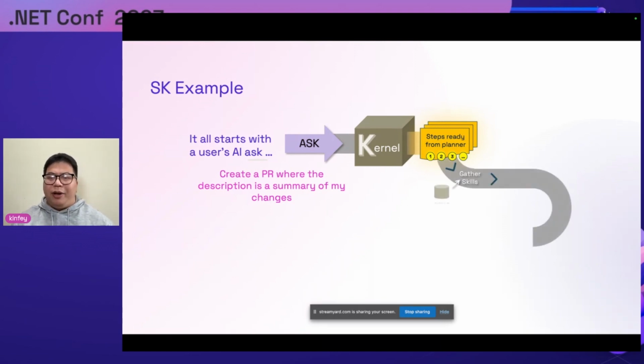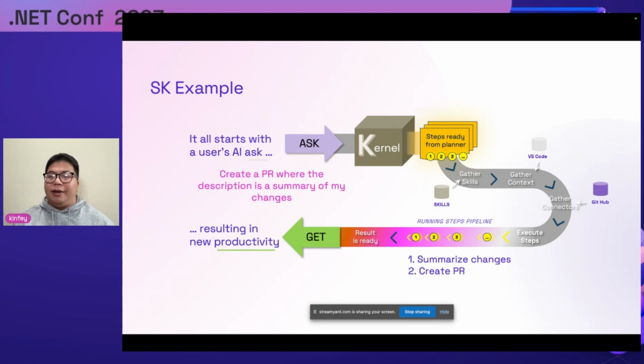Here we separate it into maybe three steps, gathering some skills: in VS Code gather contents, the GitHub connector, and then summarize the changes to create the PR. They are different steps, but they are in the same command. So first find the summarized changes in the skill or plugin, and then create the PR. After finishing this, it can help us generate results and new productivity.